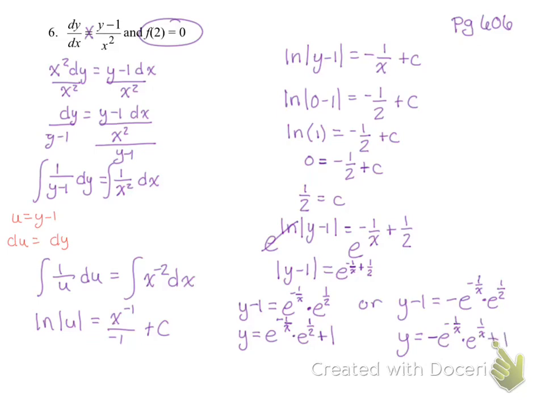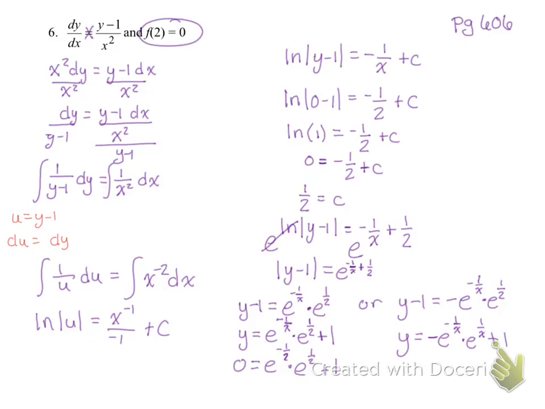Okay, now double check with your initial condition to figure out which one of these works. Okay, so if our initial condition when x is 2, y is 0, so 0 is going to equal e to the negative 1 over 2 times e to the 1/2 plus 1.